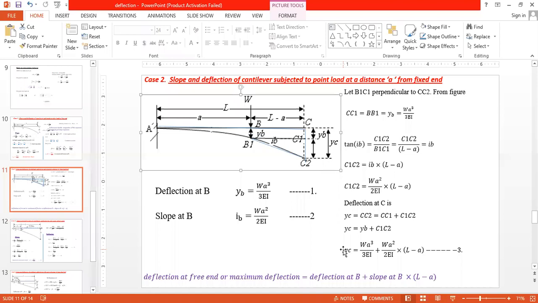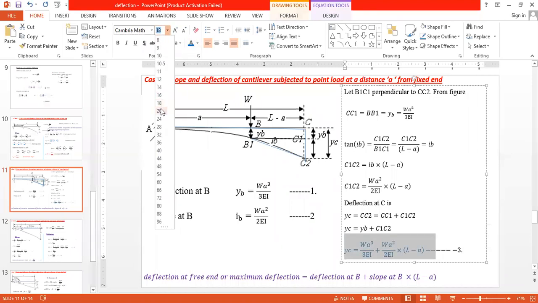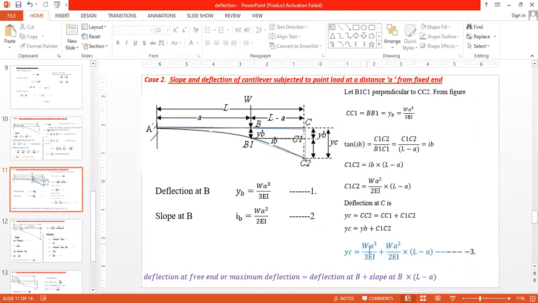That deflection at the free end, or maximum deflection, is W a cube divided by 3EI, the deflection at B, plus W a square divided by 2EI, the slope at B or at any point B or C, into L minus a, the distance of the load from the free end.